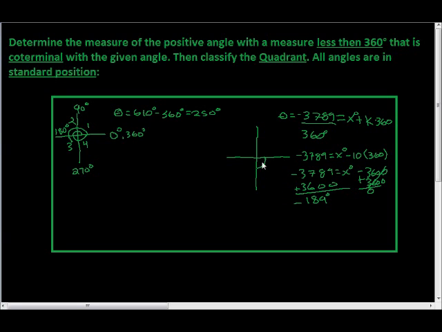So if I go to there, I know that's 90 degrees. If I go there, I know that's another 90, which is 180, which means I only need to go 9 more degrees, which is just a little bit right there. So that's going to be the quadrant that I'm going to be classifying. So that's quadrant 1 and quadrant 2.